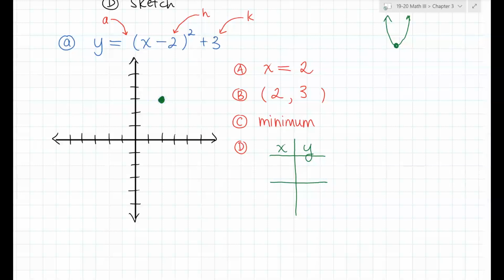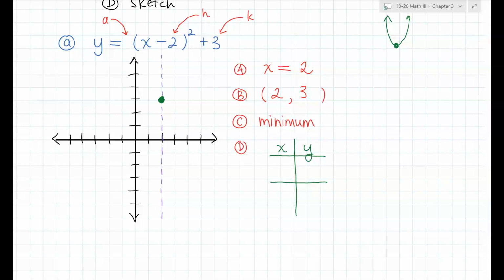Now my axis of symmetry can be drawn as well. It goes right through the vertex. It's an invisible line that cuts the parabola in half. Okay, now what I'm going to do is pick 2 x values, either to the left or to the right of my vertex.